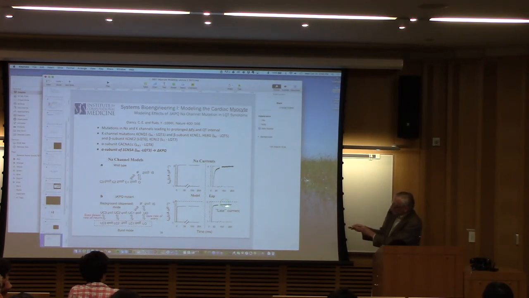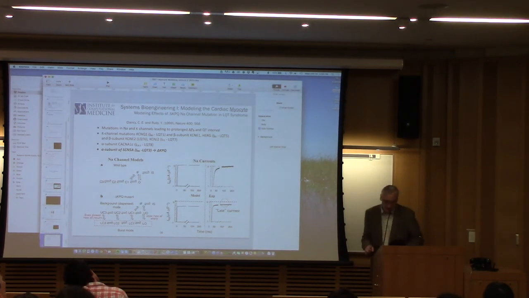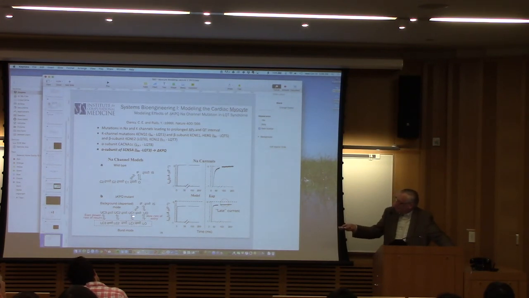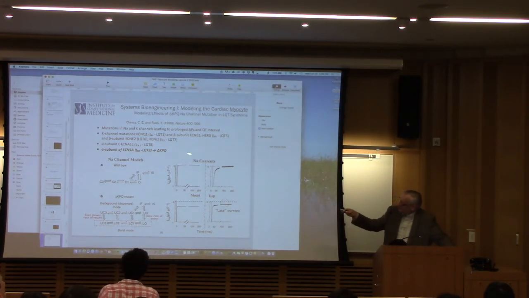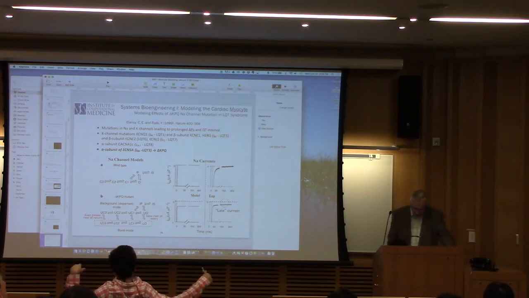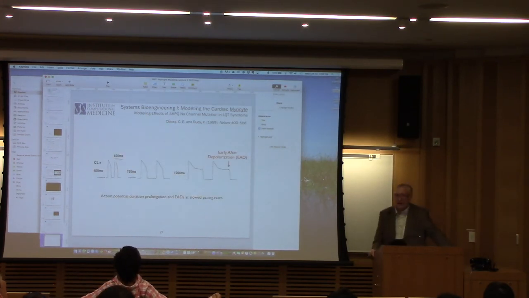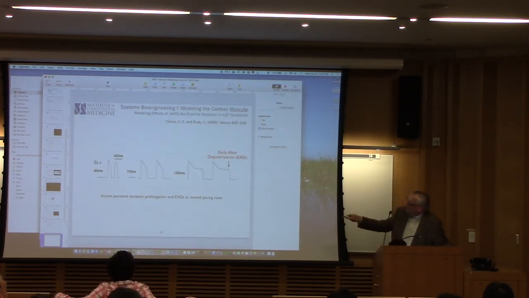In these mutated channels, there was some remaining sodium current that didn't inactivate, and that was due to the presence of this flickering burst mode in the sodium channel model. So, different sodium currents, and they've got a mechanism for modeling it. That mechanism is based on electrophysiology done on this mutated channel. So they stick it into a cardiac action potential model, and they observe these things that I called early afterdepolarizations.